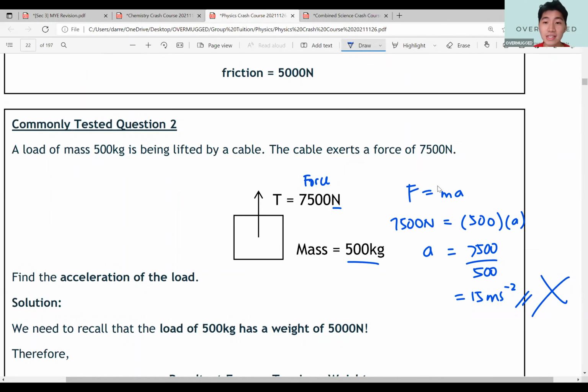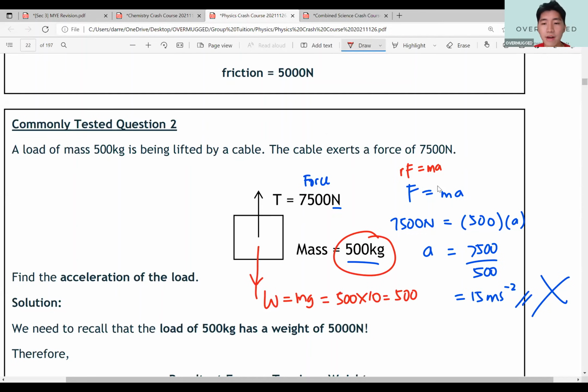So why is it wrong? F equals to ma, correct? Wrong. Remember what I told you all to memorize? It is Rf equals to ma. Rf means what? Resultant force. We need to account for all forces acting on the object. So if my object has a mass of 500 kg, you need to remind yourself that there is a weight. How much? W equals to mg, right? g is a value of 10.